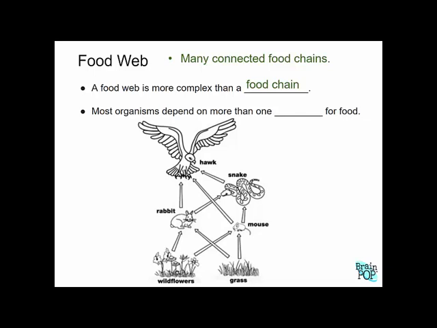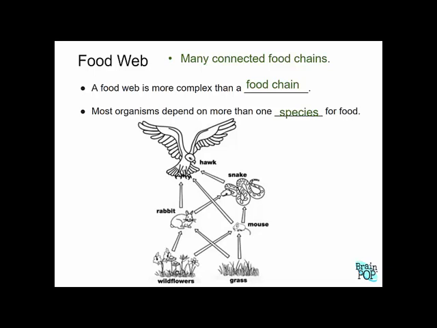And most organisms don't just eat one single source of food. Many organisms eat several different things, and you can't show that in just a simple food chain. You need a food web to show that. So it shows that, for example, the rabbit consumes both grass and the wildflower, so it has multiple sources of food.